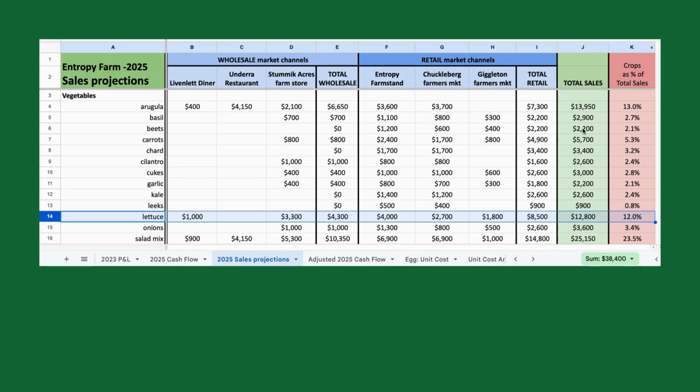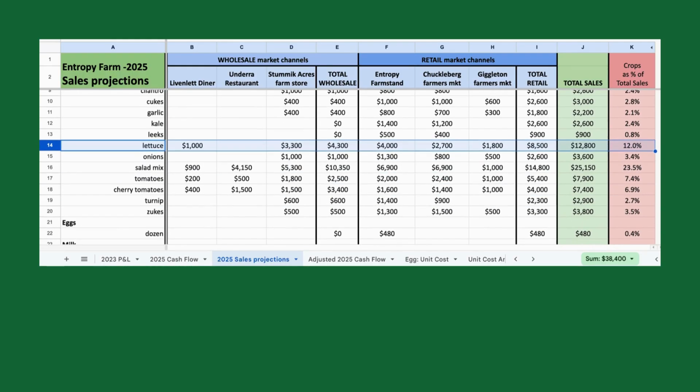Seems like salad greens is part of their identity, their brand. And now I like this sales projection sheet as it looks at each of the crops by market channel as well. So note that one retail market, Entropy Farm's own farm stand, and one wholesale market, this farm store at a place called Stomach Acres, make up the majority of their lettuce sales.